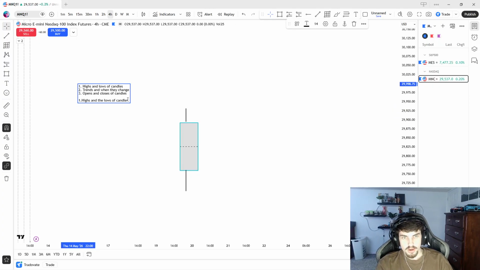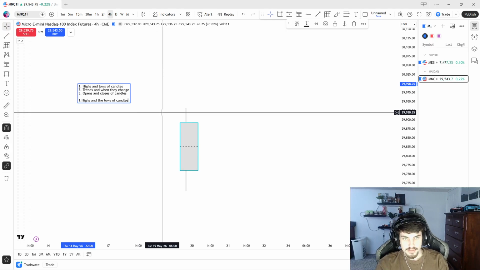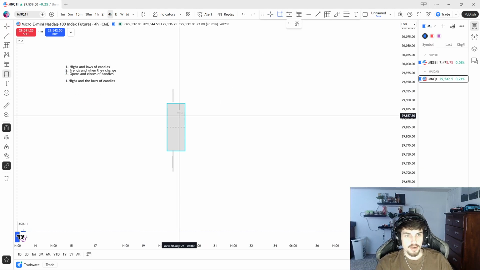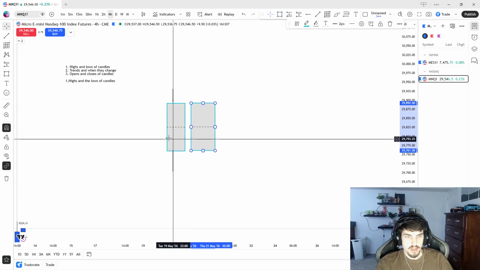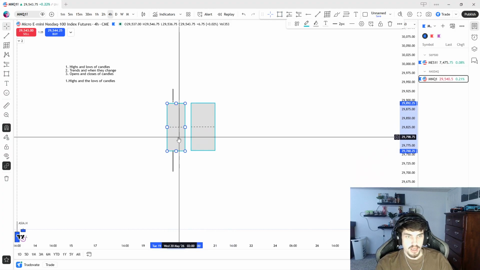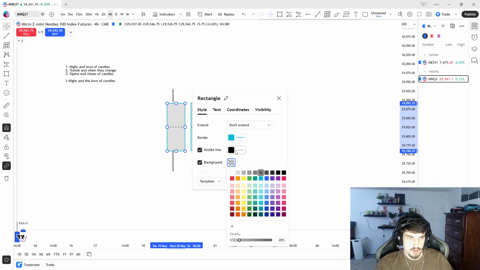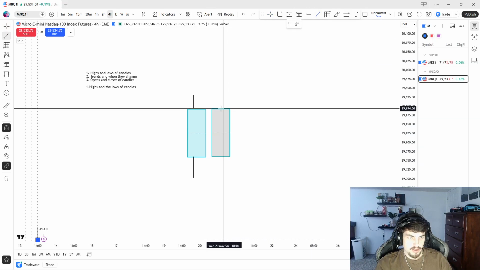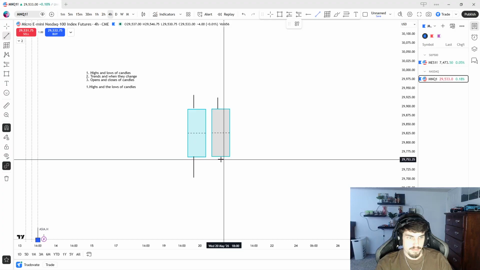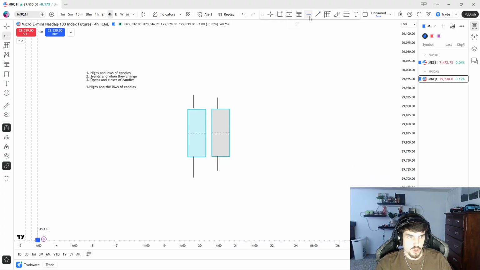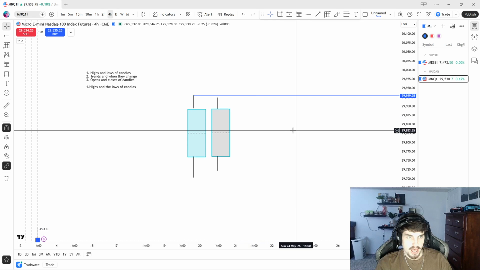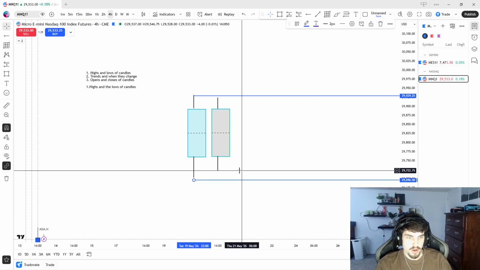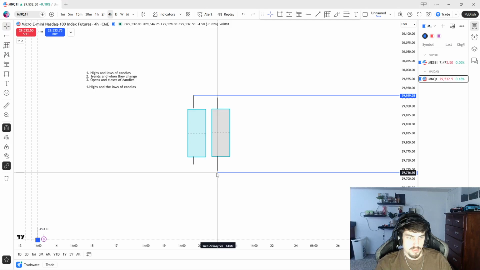So, what do we know? We know that when we have two candles together, a blue and a black candle next to each other, let's do it like this. Bang, bang. And then we have a black candle next to each other. What do they form? From our last video with the trends, they form a high and a low within the market.